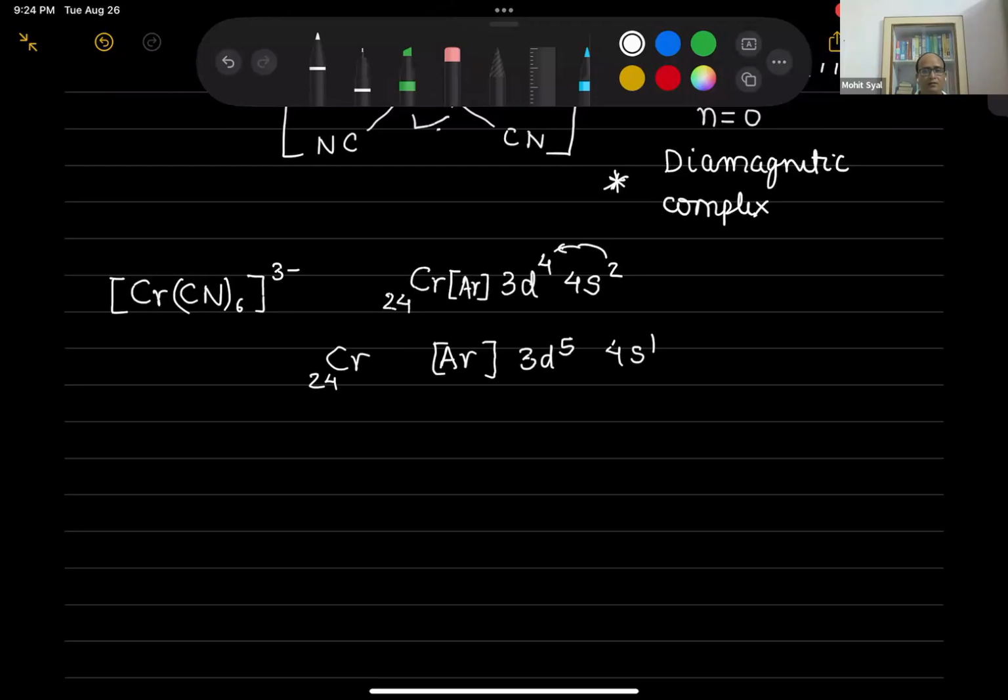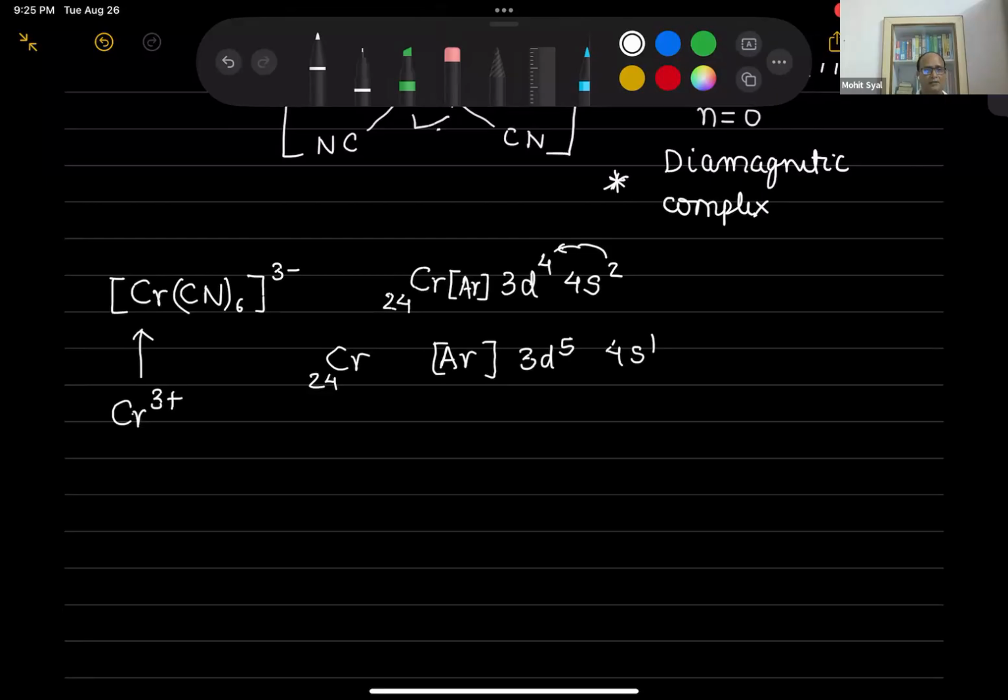Now, identify the charge of chromium in the complex. What charge will chromium have in the complex? The oxidation number of chromium.